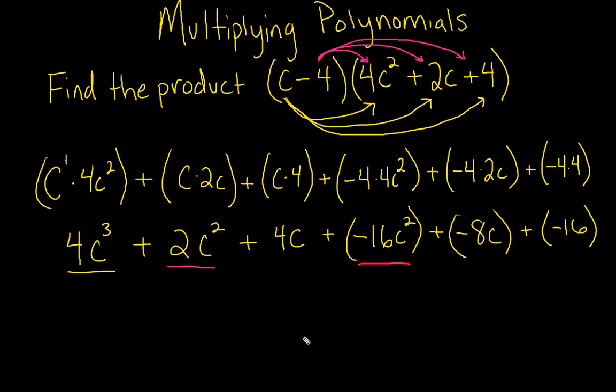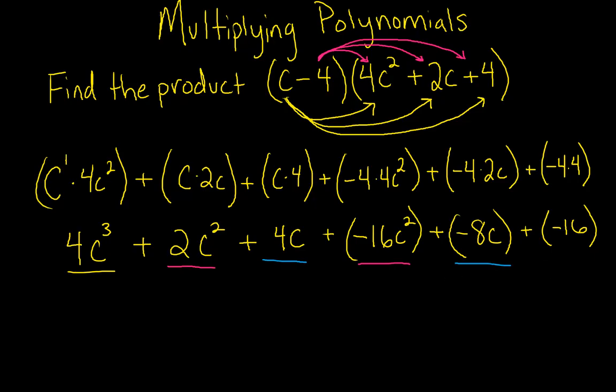So those are like terms because they have the same variable and the same exponent, so we need to combine those. And then we also have a 4c, so just a singular c by itself, and a negative 8c, which we will also combine. And then finally at the end, we just have a constant here, which can't be combined with anything else because it is alone by itself. There are no other constants here to combine.